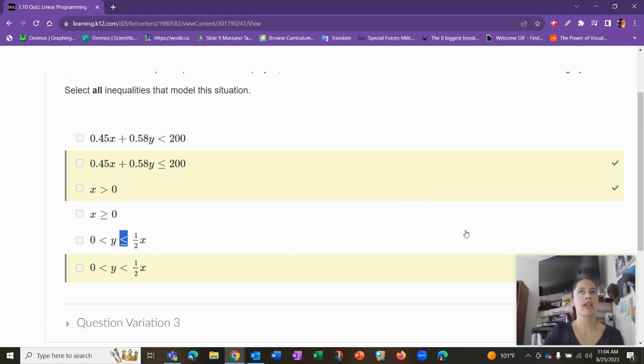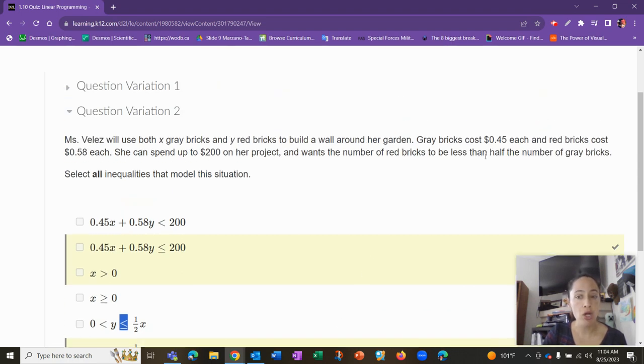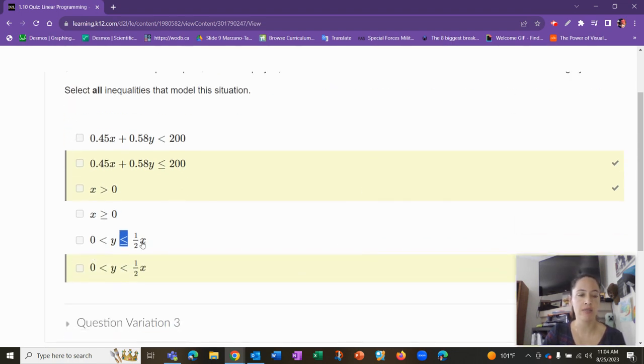It would say at most, because that could be the at most symbol as well. At most, half the number of gray bricks, meaning it could equal the number of gray bricks, like 50-50, or less, but at most, right? I know it's confusing. At least and at most, they're kind of flip-flop with the sound of the words versus the symbol.